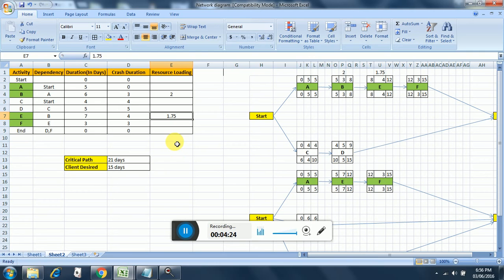If we have a dollar amount for each of the resources per hour or per day, then we simply multiply this with the dollar amount to get the additional cost. So that is how the cost multiplies in case of crashing. Crashing just has one risk, that the cost of the project will be more. Other than that, there are no extra risks involved in crashing.